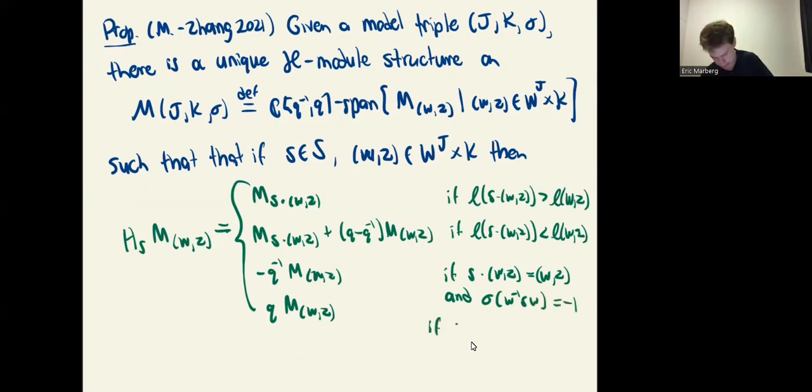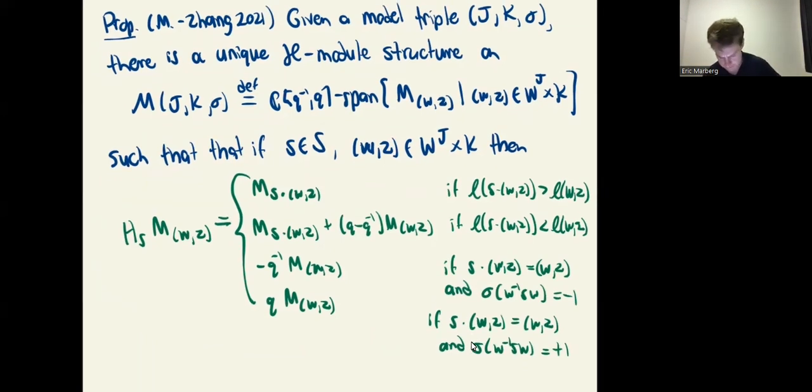And then finally, if s fixes this element and sigma of w inverse s w is equal to +1. So we have this formula like this.